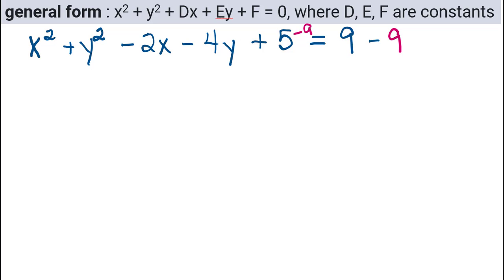I went ahead and combined that with the constant on the left. All right, so 9 minus 9 is 0. Just going to bring that 0 down. 5 minus 9 is a negative 4. Bring that down, and I'll go ahead and bring down all of my other terms.